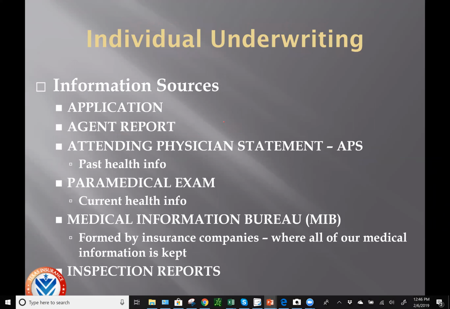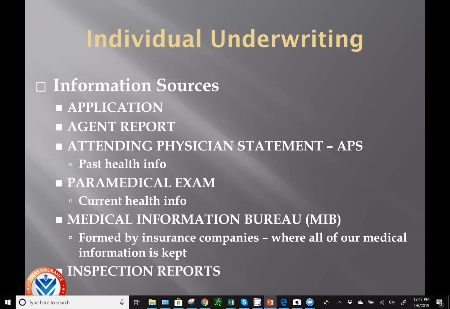All right, so insurance companies gather our personal information. Where are they getting it from? Well, first will be the application. Remember, the application is the main source of underwriting. There's an agent report that gets completed by the agent. They could use that. They may require a paramedical exam. That's where a nurse comes out and draws blood.